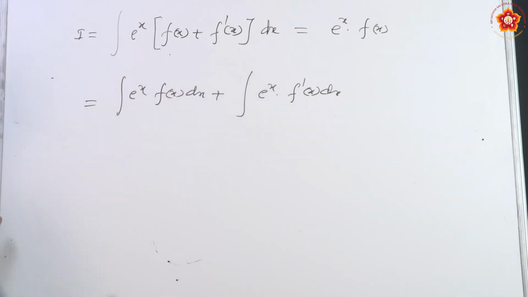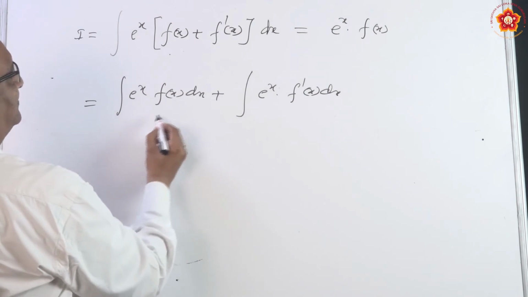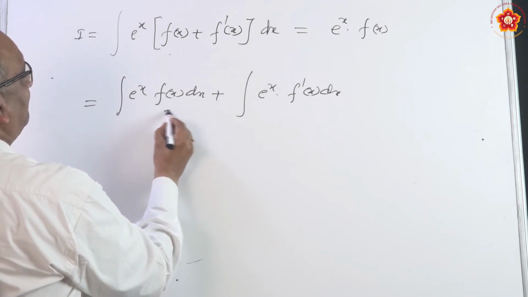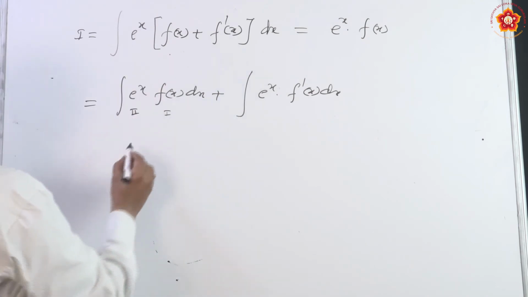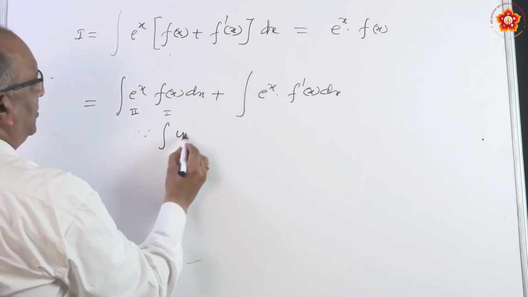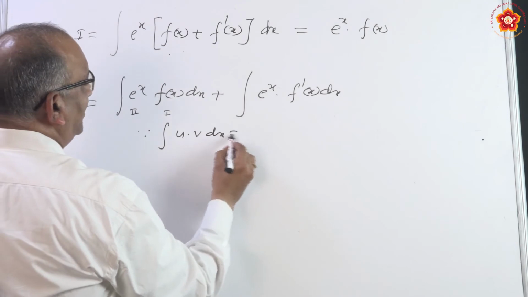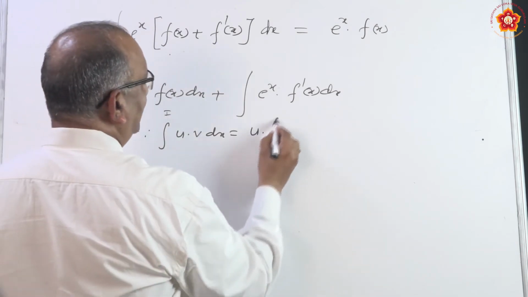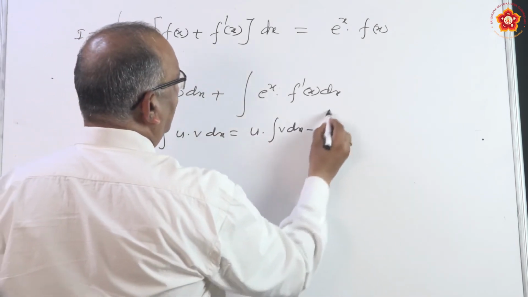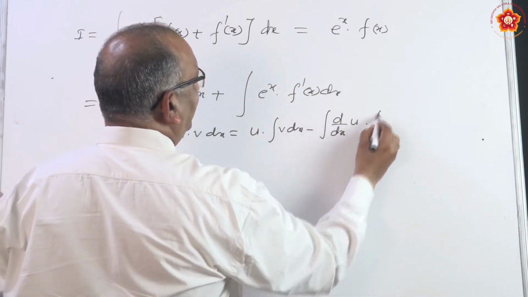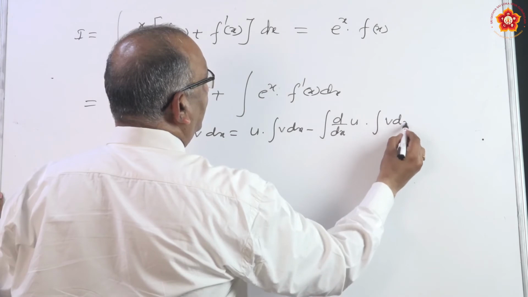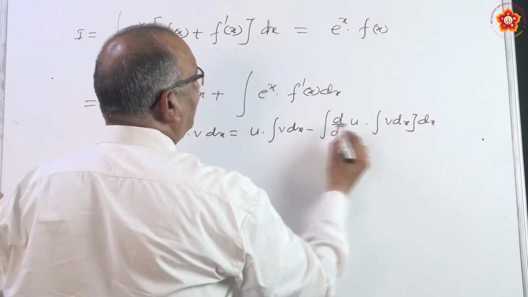How? Take this as f x as first function and this as second function. Apply that formula. What was the formula? Integral of u into v dx equal to first function into integral of second minus integral of derivative of first into integral of second. This is the formula we have learnt.